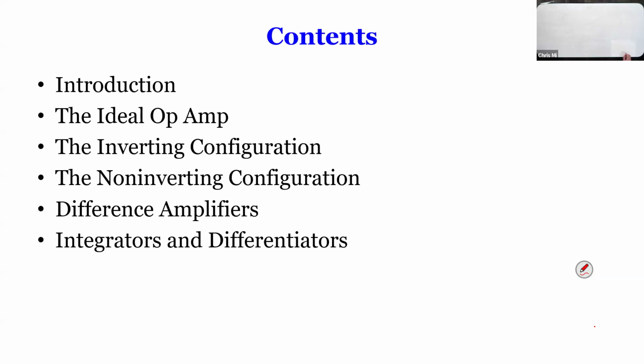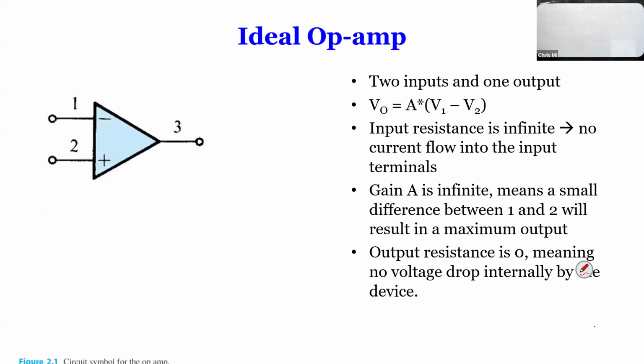I'm probably going to switch a little bit later between this and also the blackboard as needed, if I want to have more examples. Okay. So this is the symbol of an op-amp. Very simple: a triangle, two inputs, one output. The input with the negative sign, number one, is called inverting, meaning it's negative.